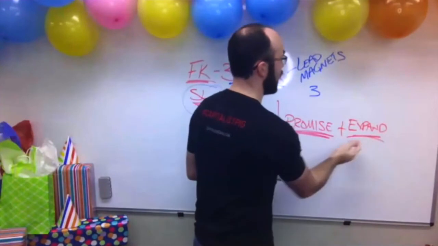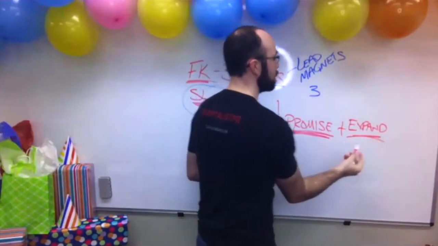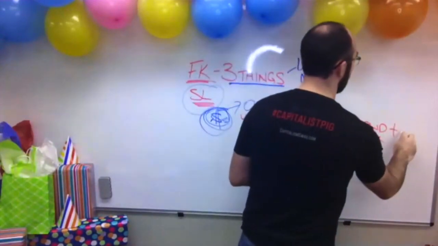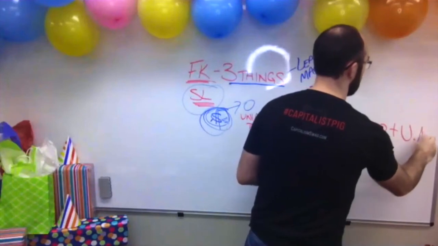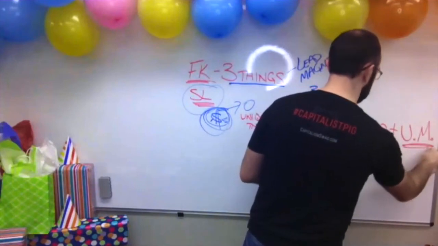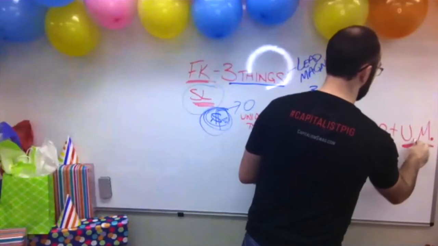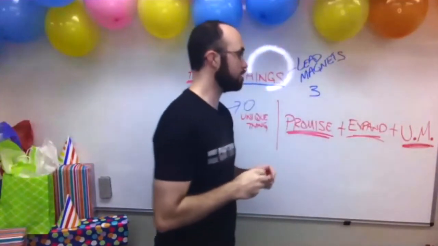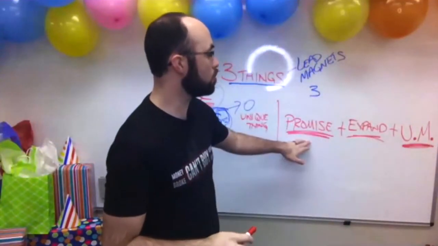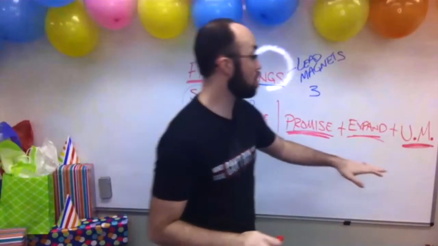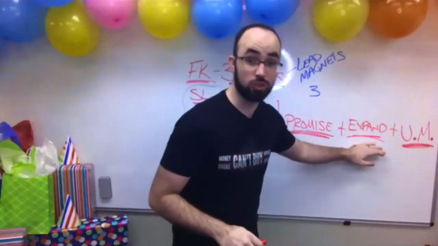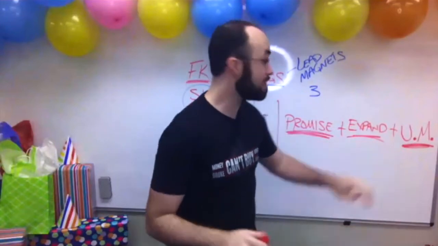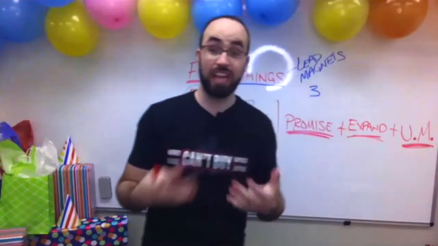So, after that expanded promise, then you add in what's called a unique mechanism. So now you're stating, I'm going to help you do this, make that promise even more attractive by making it bigger, and then you're going to add something that's entirely unique.